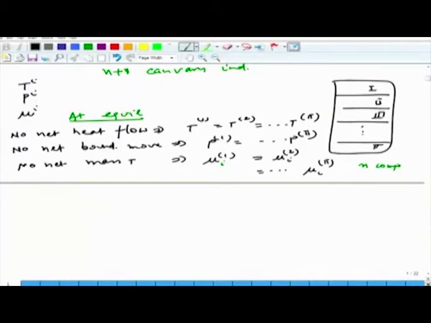For each phase you have n plus 1 independent variables, why n plus 1? Because you have one which is constrained by the Gibbs-Duhem equation. So, total number of variables is pi multiplied by n plus 1.